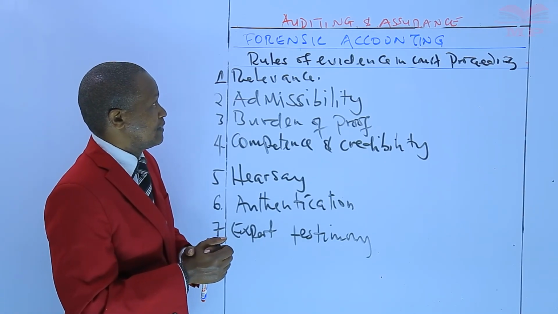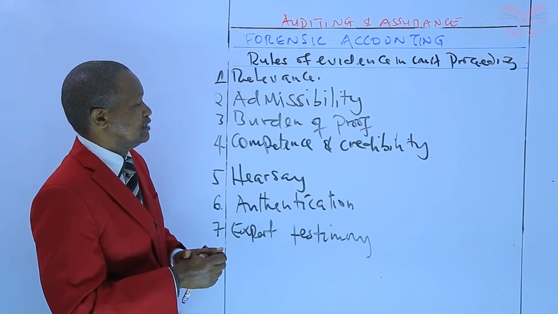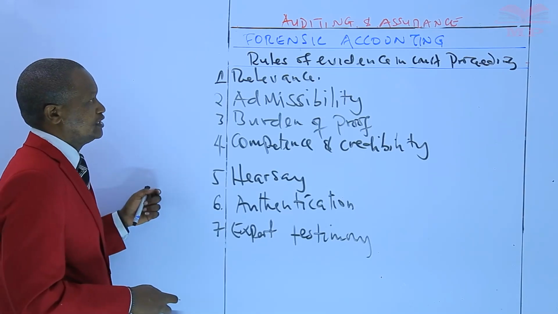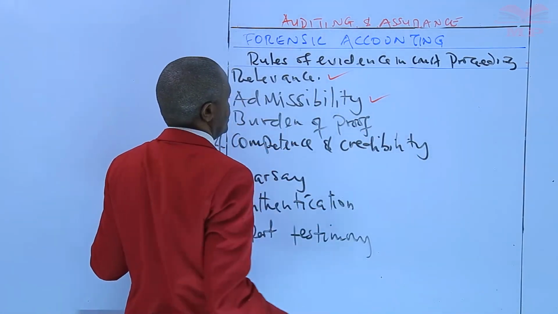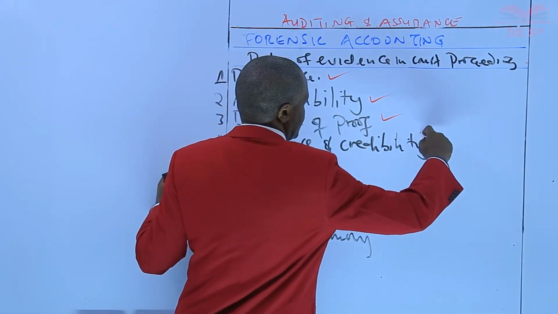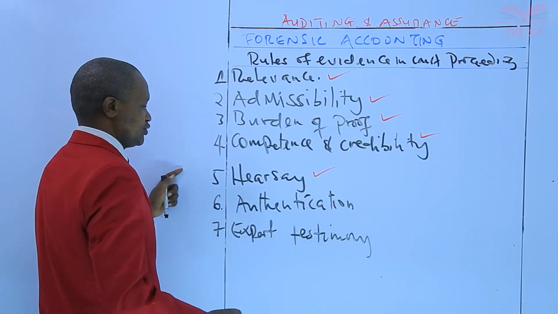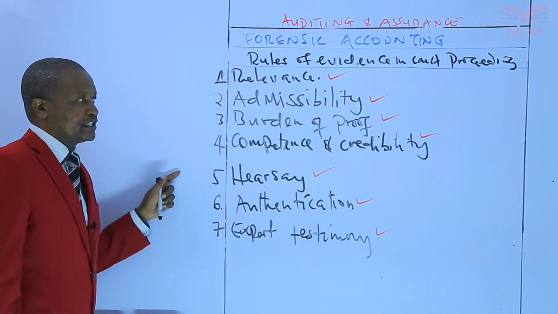So when submitting evidence in court proceedings from forensic audits, these are some of the matters that should be considered: relevance, admissibility, burden of proof, competence and credibility, hearsay, authentication, and expert opinion.